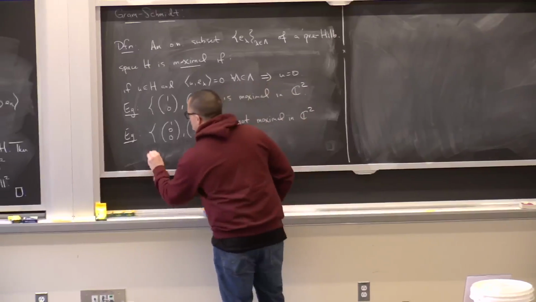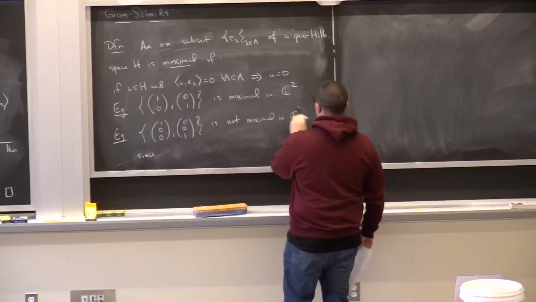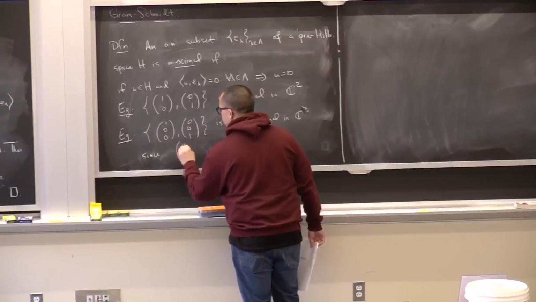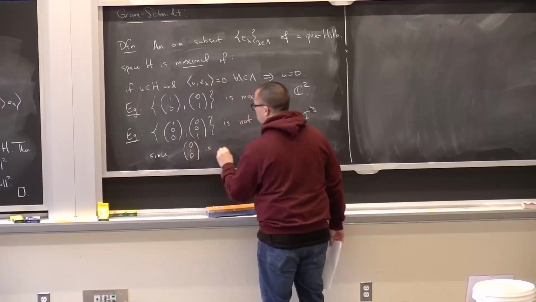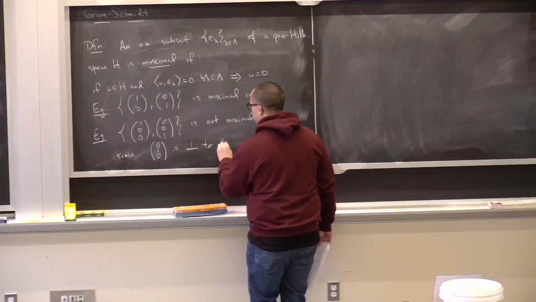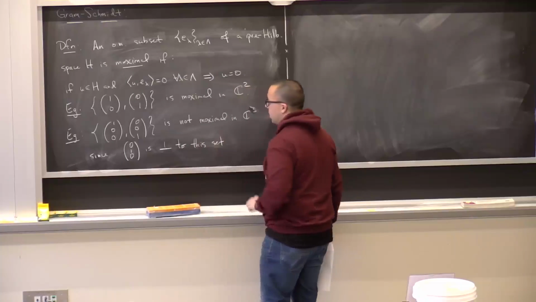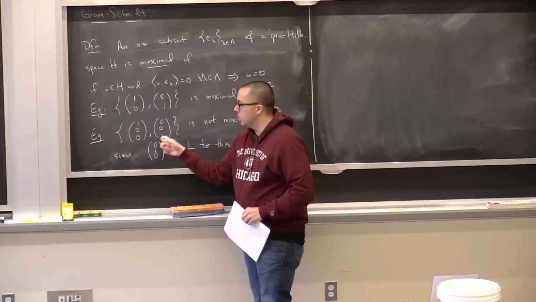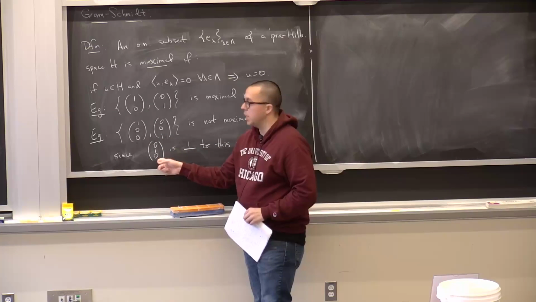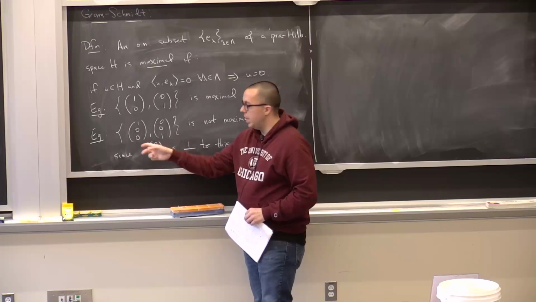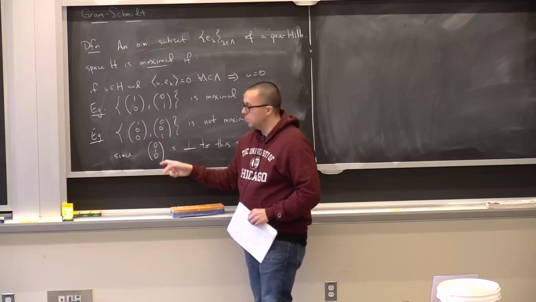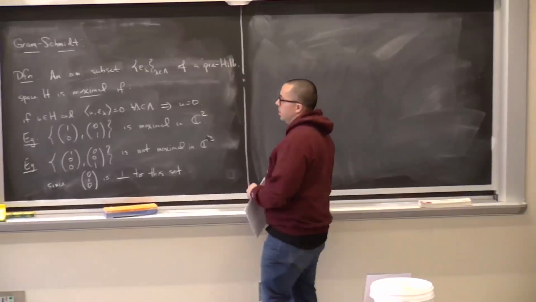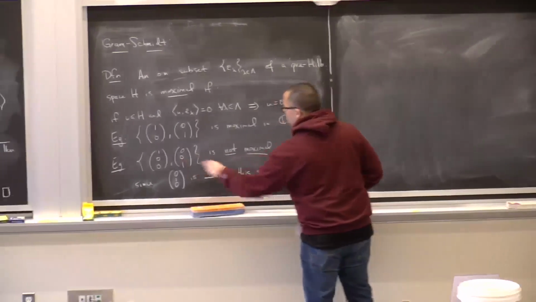Since this should be C3, you just write it loosely this way: this vector (0, 1, 0) is orthogonal to both of these, but it's non-zero. Maximal means if you're orthogonal to everything in your collection, then it has to be 0. But this is non-zero, and it's orthogonal to both of these vectors.